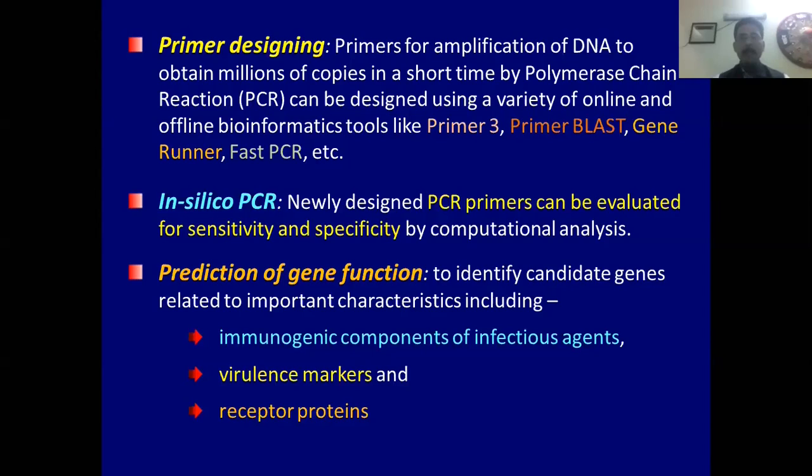So thereby you can modify them, or you can apply specific methods to develop specific drugs which can interact with the receptor molecules so that it does not bind to the infectious organism.